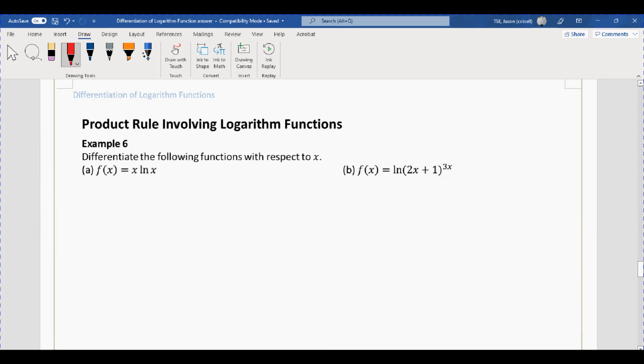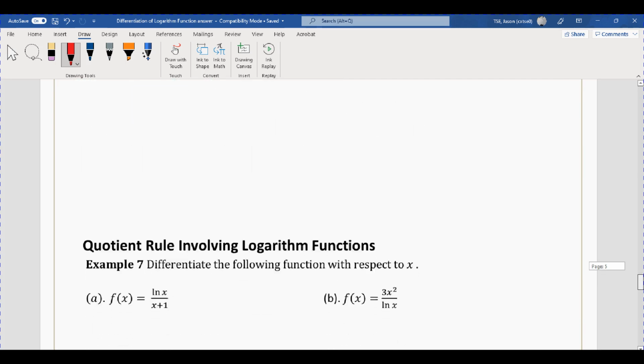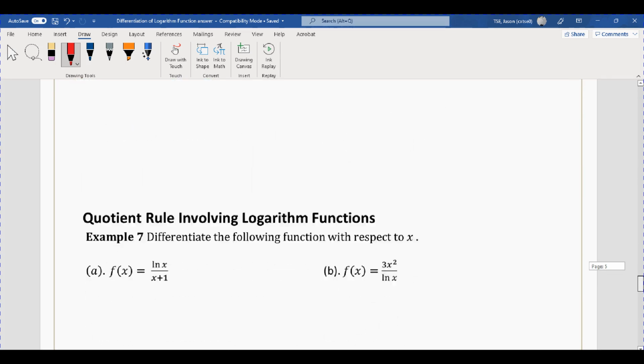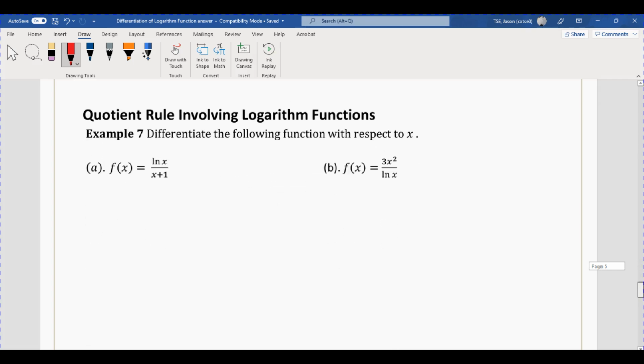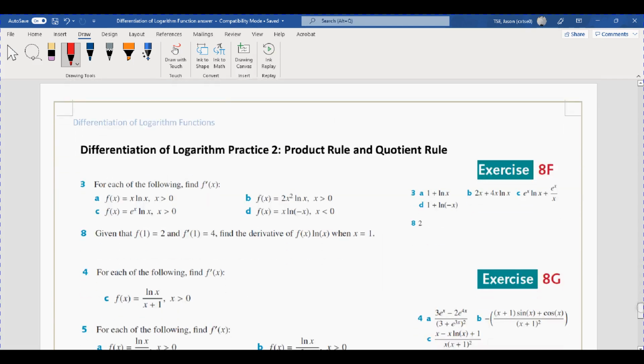Then we try to apply the product rule and also the quotient rule for logarithm functions. Example 6 is more about the product rule, and example 7 is more about the quotient rule.